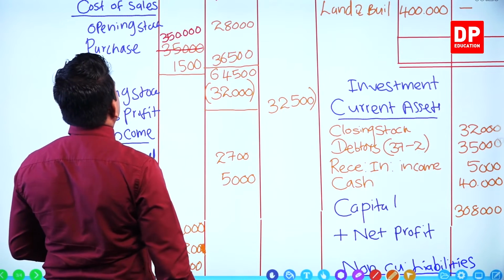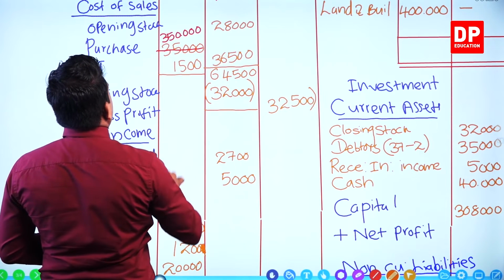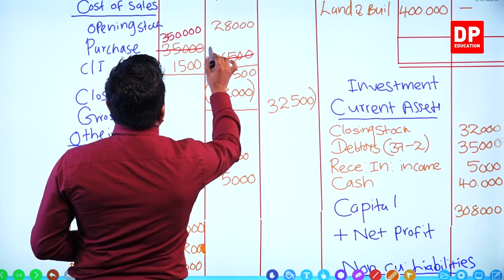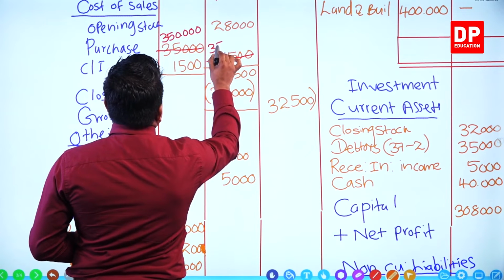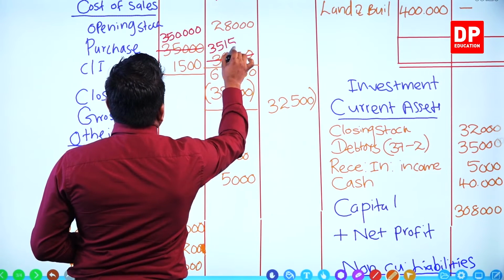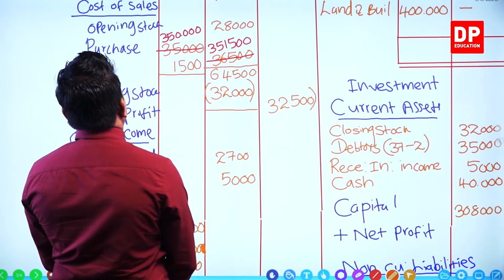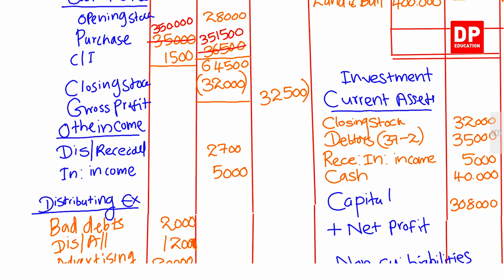Now how much? 350,1,500. 350,1,500. Then 351,500 plus 28,000, then how much? Here you have to write the correct answer.